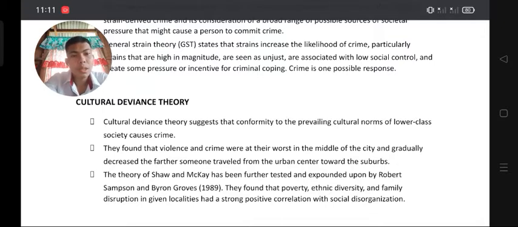The theory of Shaw and McKay has been further tested and expounded upon by Robert Sampson and Byron Groves in 1989. They found that poverty, ethnic diversity, and family disruption in given localities had a strong positive correlation with social disorganization.